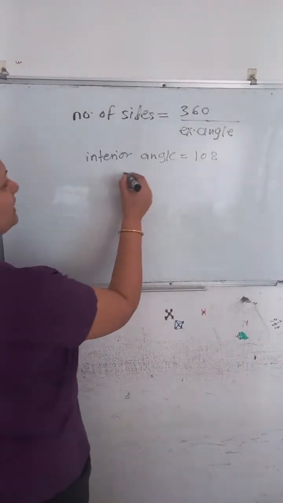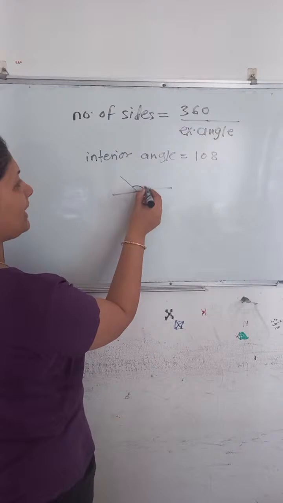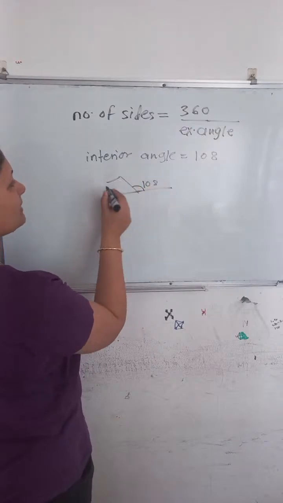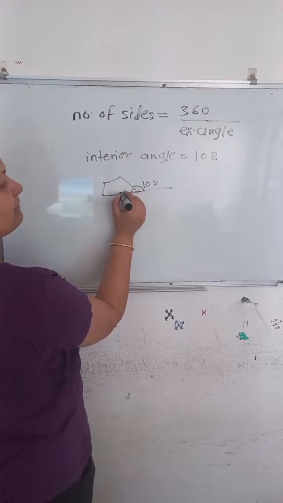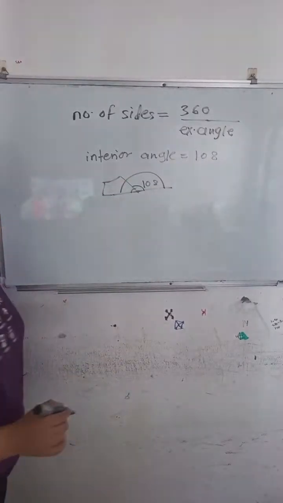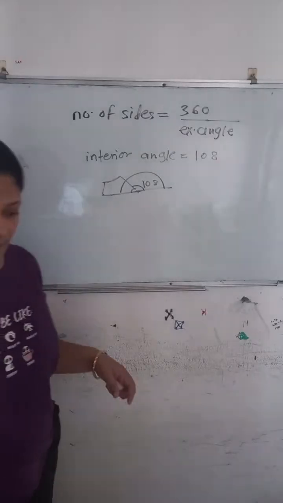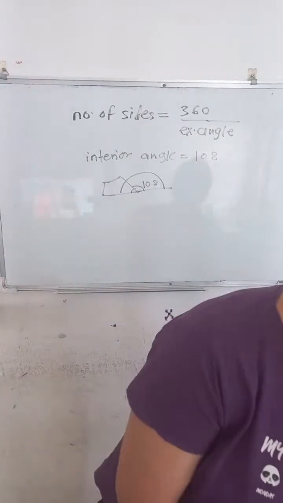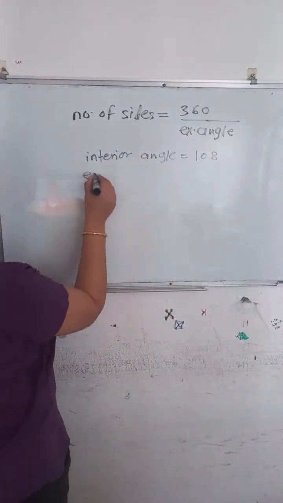Suppose you take any polygon and the interior angle is 108. The interior angle and exterior angle together make a straight line angle, so we can calculate the exterior angle.